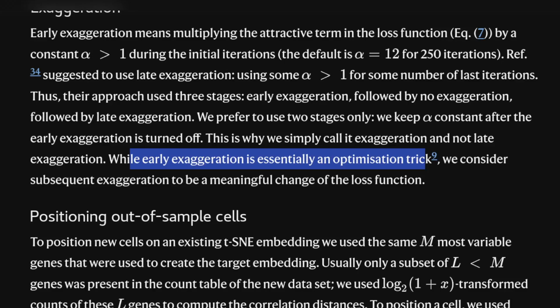Linderman, G. C., Rachh, M., Hoskins, J. G., Steinerberger, S. and Kluger, Y. Fast Interpolation-Based t-SNE for Improved Visualization of Single-Cell RNA-seq Data. Nat Methods 16, 243, 2019. Amir, E. D. et al. viSNE enables visualization of high-dimensional single-cell data and reveals phenotypic heterogeneity of leukemia. Nat Biotechnol 31, 545, 2013.